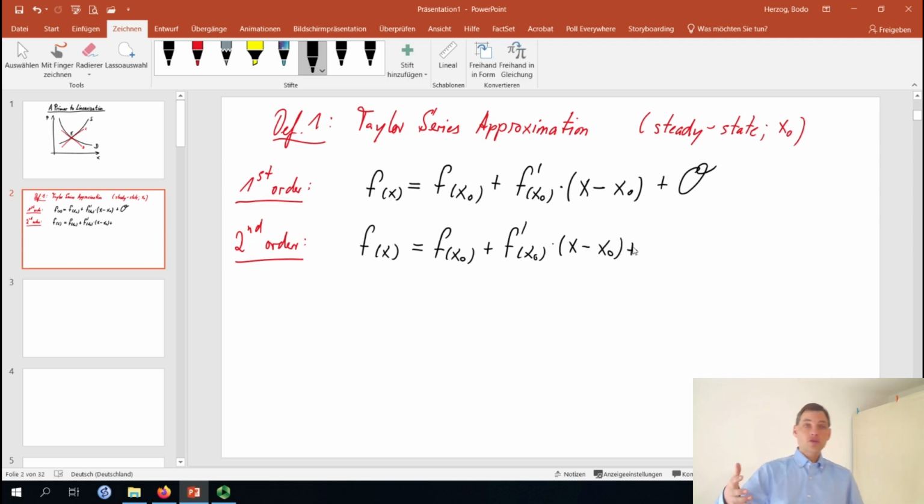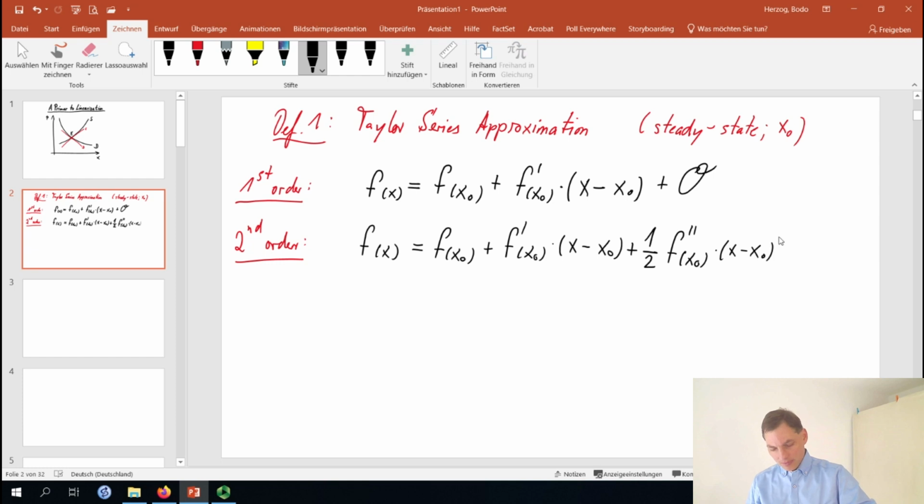In a second order approximation, we now take into account the second derivative, which according to Taylor is 1 over 2 times the second derivative at this point x0, and then the gap from my x point to my steady state point is squared. And then of course we have again the higher order terms, the third derivative, fourth, and so on, and these are again assumed to be 0 or very small and therefore 0. So the higher order terms are assumed to be 0.